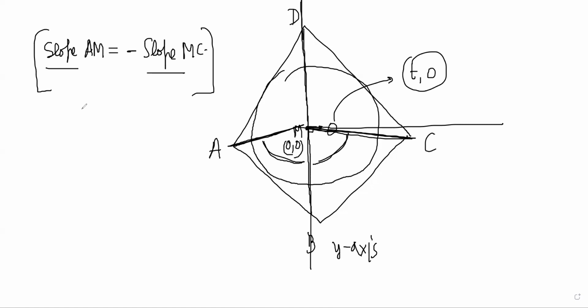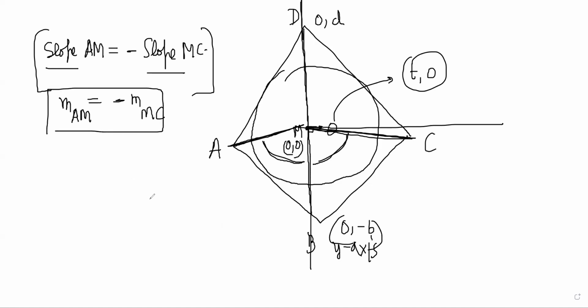So that is easy to show with our choice. What we started off with was we just wrote the coordinates. We wrote D as (0, d) and we wrote B as (0, -b), and we need to show basically that the slope of AM is equal to the negative of the slope of MC to prove the problem, right? The circle equation we took as x² + y² = 1, assuming that the circle radius is 1.